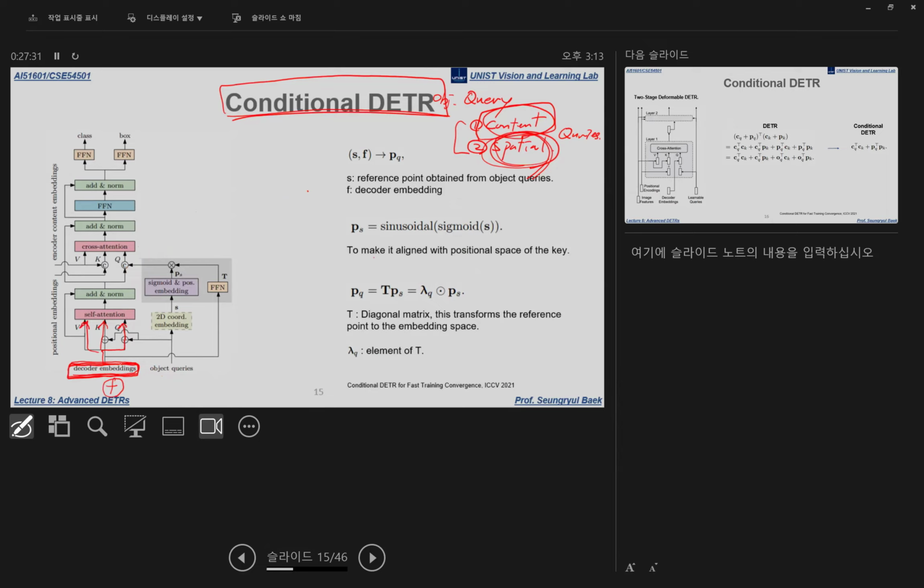But here in this part, we will make a new vector, which is called S. Okay, and this is called the reference point. Okay, so here we are estimating some of the location information. So this is, you can see, the 2D coordinate embedding. So from the object queries, we are estimating the spatial information, which is the x and y coordinate.